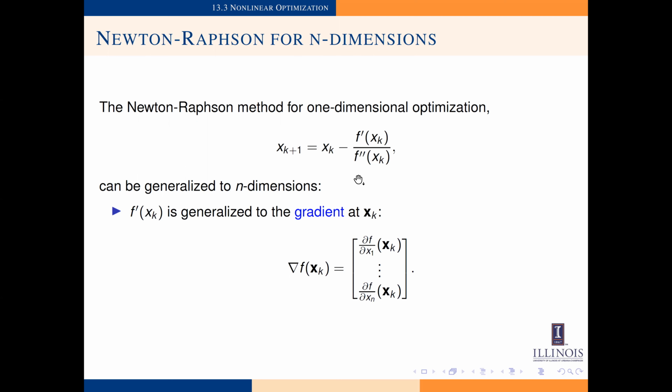Specifically, the unidimensional f prime of xk is generalized to the gradient vector evaluated at xk. Xk is now a vector. The gradient, denoted by this inverted triangle called nabla, is given by the vector where each entry is the partial derivative of f with respect to a dimension of x evaluated at the current xk.